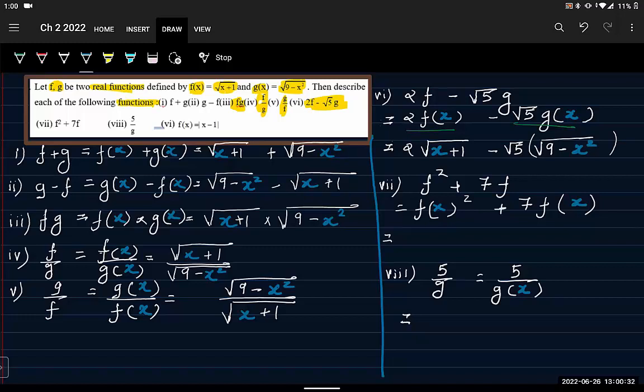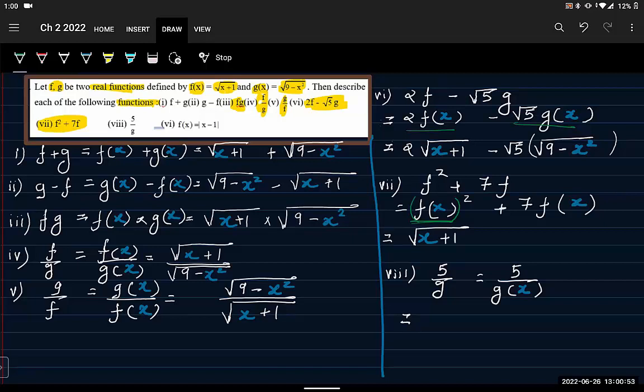Now in the seventh part, we have to find f square plus 7f. F square means f of x whole square. So first we'll write under root x plus 1, which is the value of f of x.